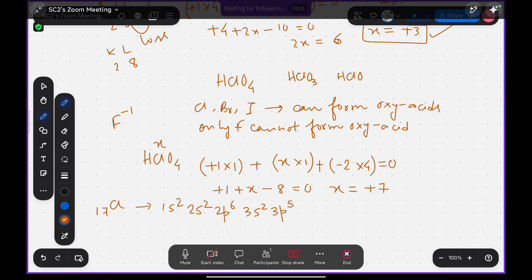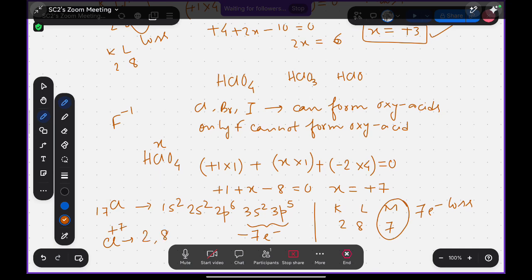Or if I show you the simple one, it is 2, 8, 7. If you remove these 7 electrons from chlorine, then it achieves a noble gas configuration 2, 8. Chlorine +7 gets a 2, 8 noble gas configuration.